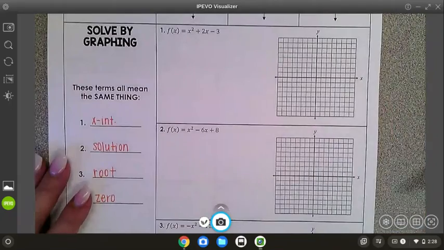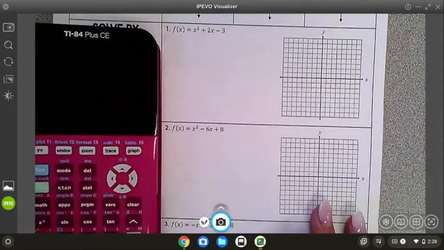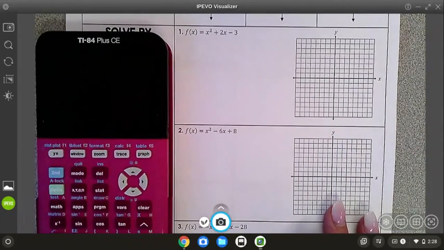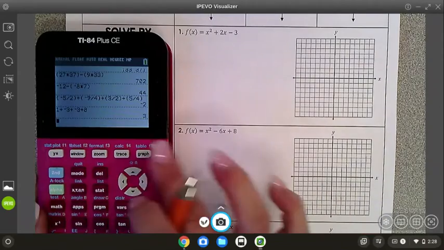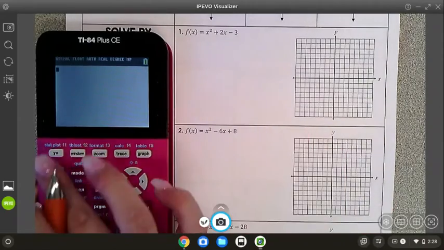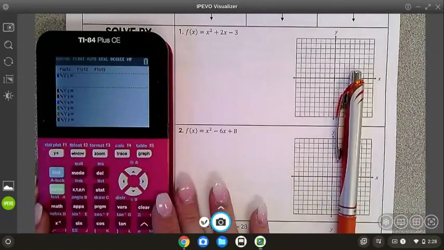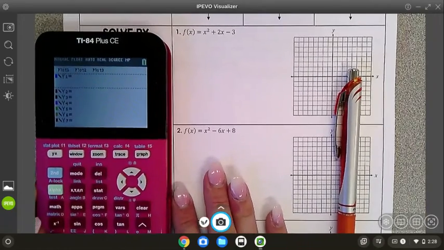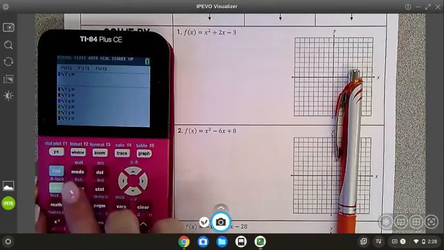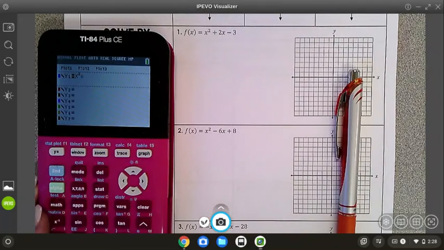So we're going to graph these on our calculator. Sometimes you'll be given a graph already and you just have to look at it, but I want to practice actually graphing. So we're going to go into y equals, and then we're going to type in our function, x squared plus 2x minus 3.